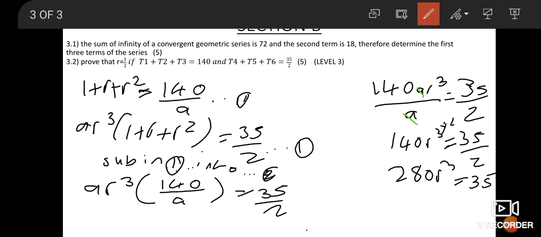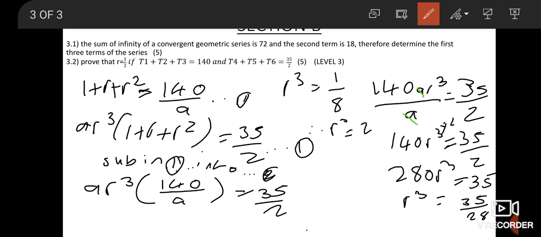Therefore r cubed equals 35 over 280, sorry about that, which is an eighth, which is 2 to the negative 3. Then therefore r is going to equal a half.